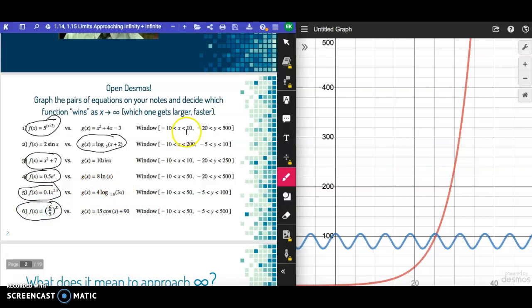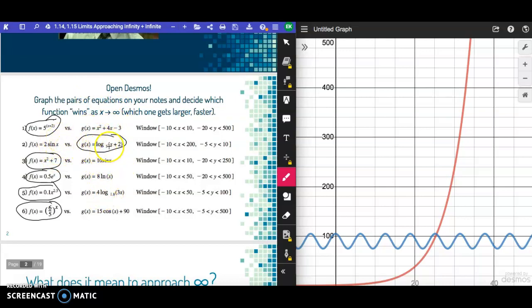And so what we'll do is use this to determine which functions always grow larger faster, and which functions never win. So looking at these examples, we can see that your sine and cosine functions never won. So trig functions tend to be the least dominant of all your equations, whereas your logarithmic functions sometimes win, but it looks like logarithmic functions only win against trig functions.